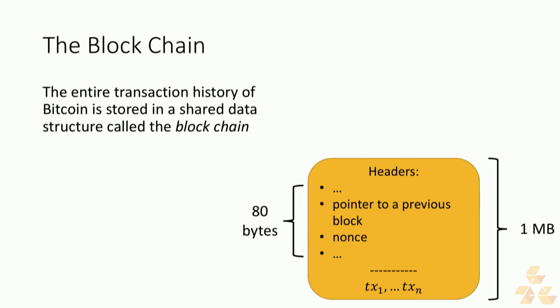It's not really important what the specific size of a block is, but I should point out that the size of the header is smaller than the size of the block. Most of the information is stored in the block and is not part of the header. The header usually stores a pointer to the previous block, a random field called nonce, and some other stuff that is not really important.